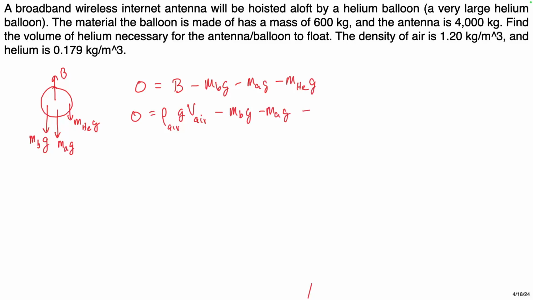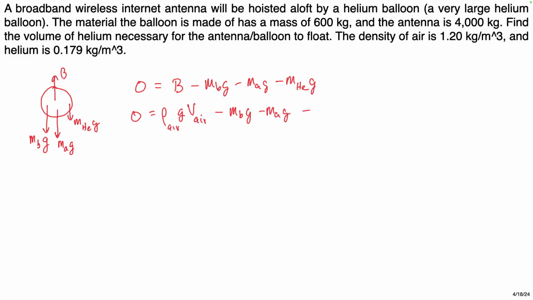Okay, how are we going to deal with this mass of helium now? Is the mass of helium connected to the volume of the balloon in any way, shape, or form? In other words, if the balloon gets bigger, do we need more helium? Yeah. And if the balloon gets smaller, do we need less helium? Right. So is there a connection between mass and volume?